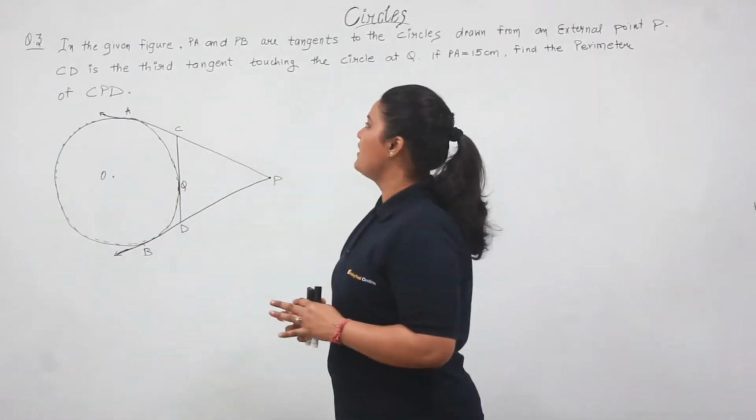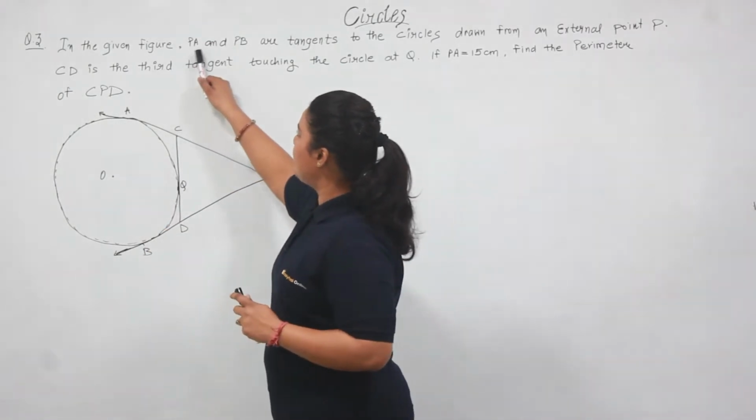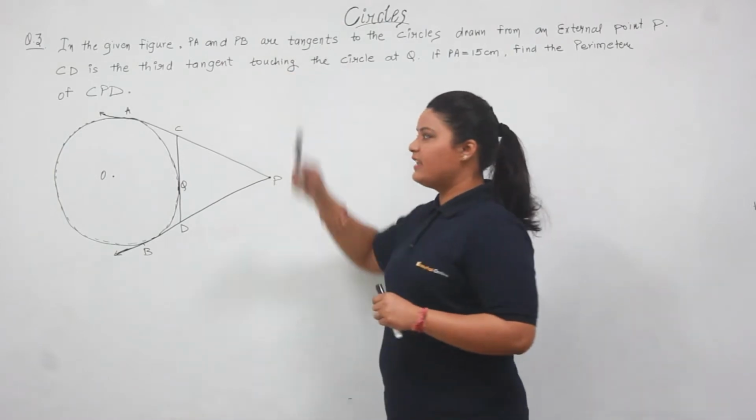Question number 3 says that there is a figure in which PA and PB are tangents.